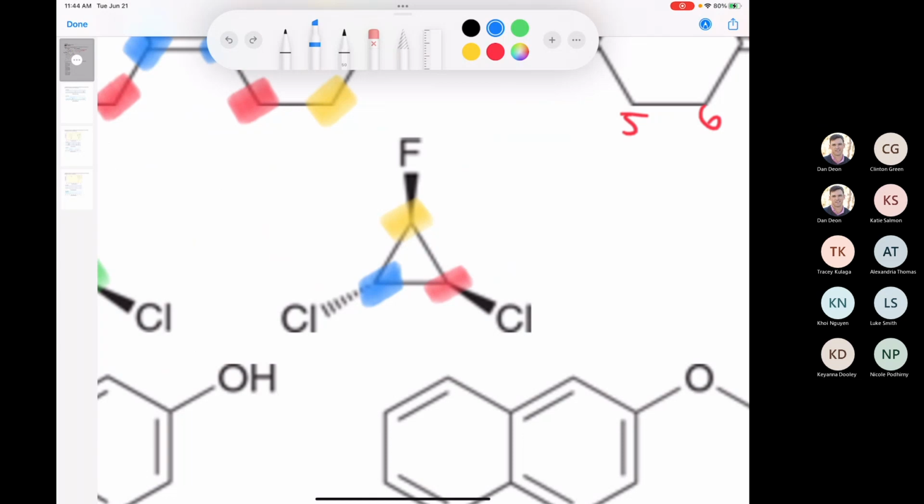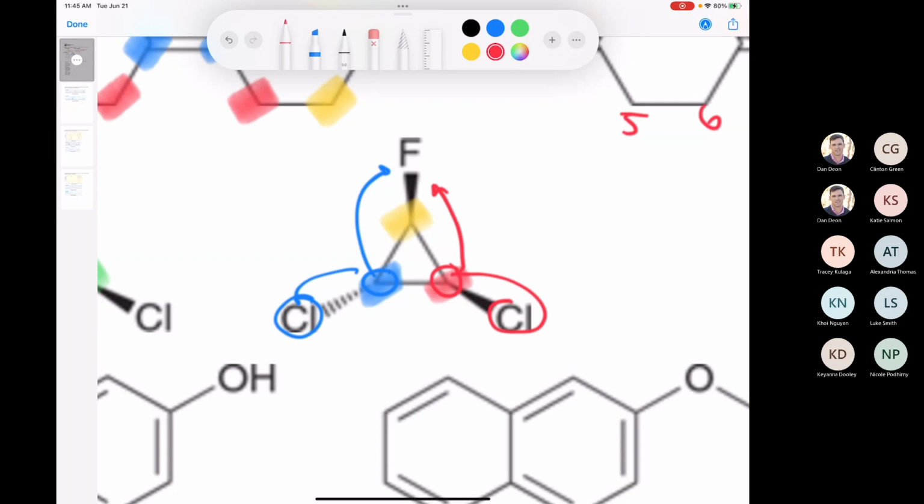Think about it this way. The one that I have in blue sees the fluorine as sticking up, and the one that's in red sees the fluorine sticking up as well. But the one in blue has the chlorine going down, and the one in red has the chlorine going up.